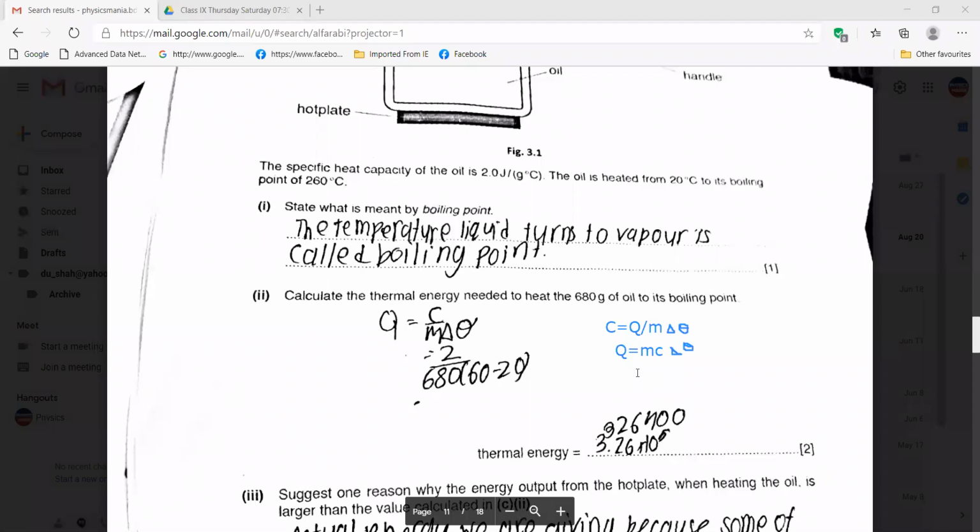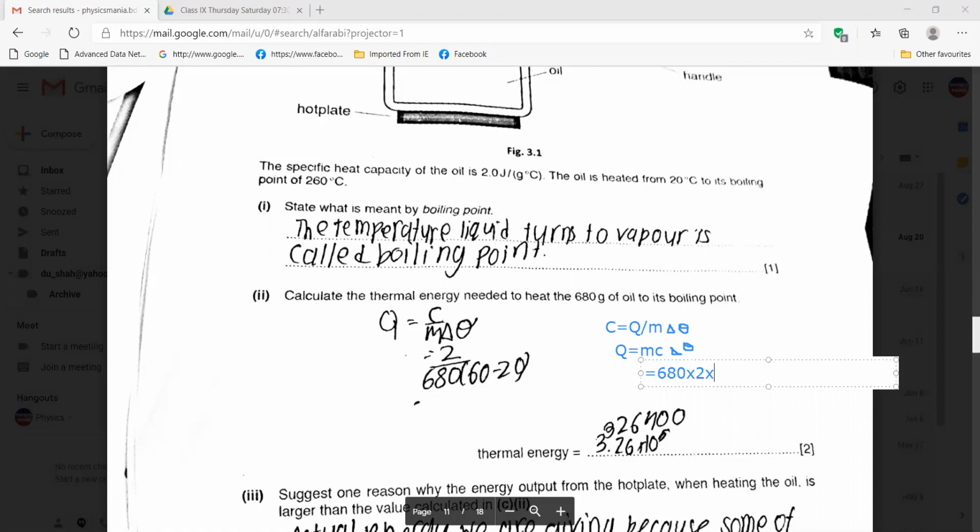MC del theta equals, your M is 680, right? Then C is how much? 2. Then del theta how much? 260 to 20, so you are getting 240.